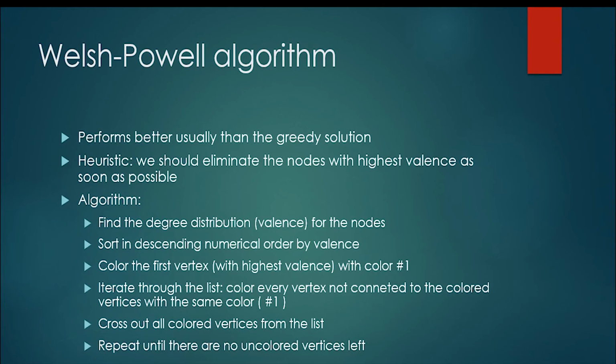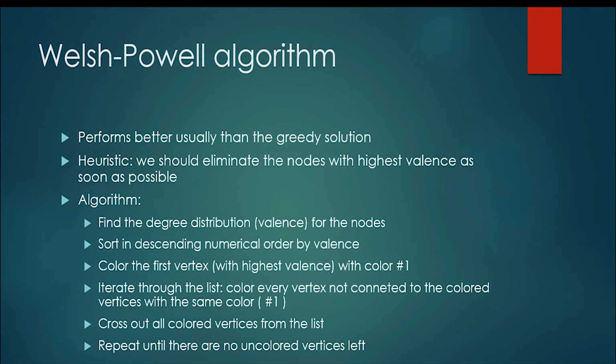So the algorithm is that: find the degree distribution or the valence for the nodes. We just have to calculate for each node how many neighbors that given node has, and sort in descending numerical order by valence. Color the first vertex with highest valence with color 1.